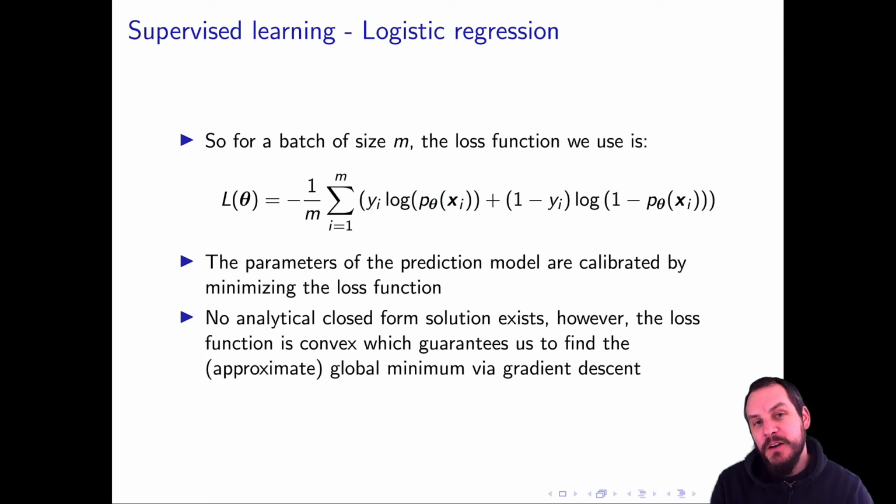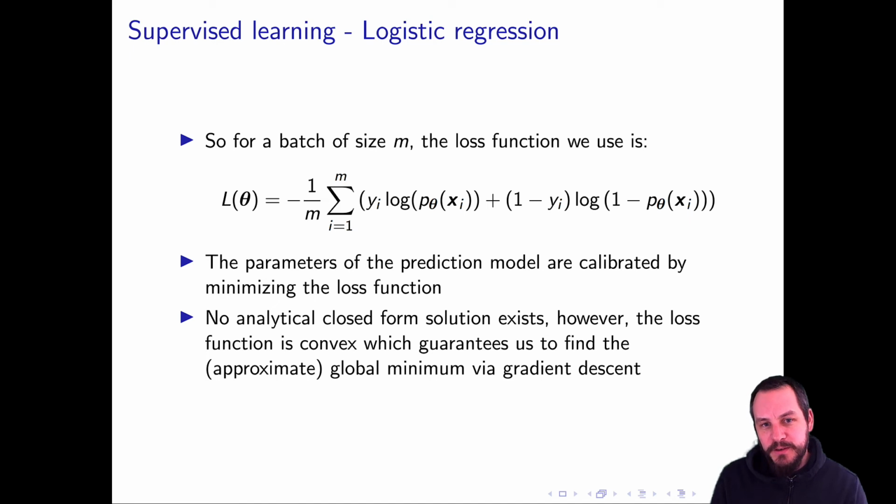And for the linear regression model, to calibrate the parameters, we minimized the average square deviations of predictions and actual realizations. And for the logistic regression model, we minimize the average of probability estimates from our model for the categories that we actually observe. Okay, so these are the two differences here.